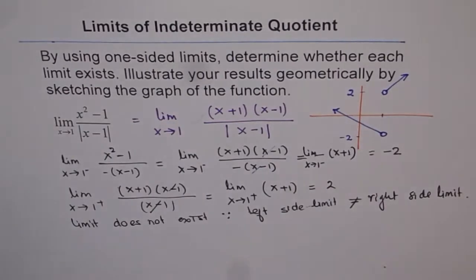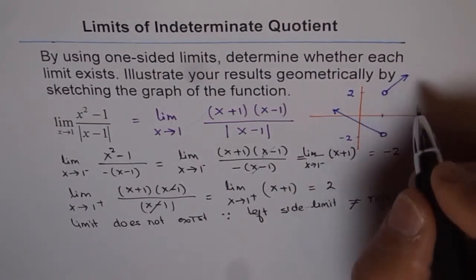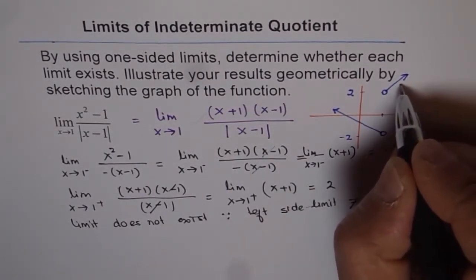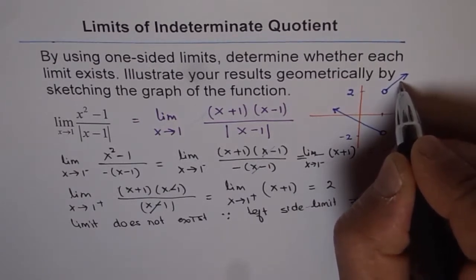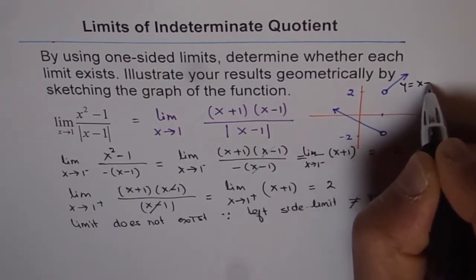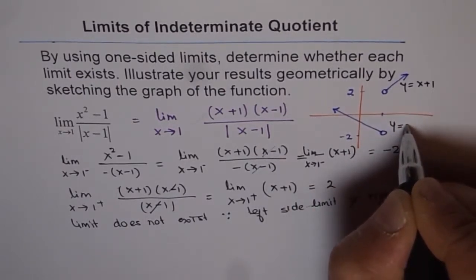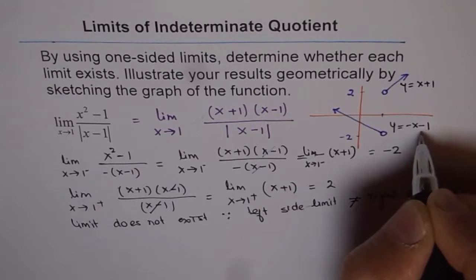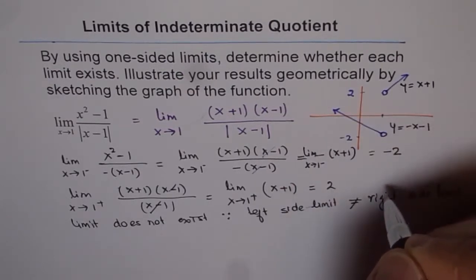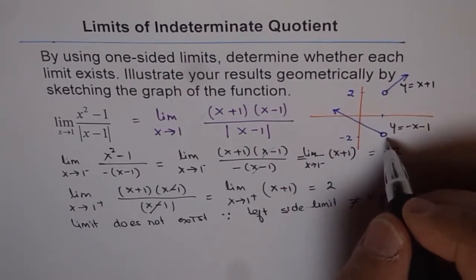So that is how the graph is going to be. So this is how we can write y equals x plus 1, and here y equals minus x minus 1. So that is going to be the graph, and clearly the limit does not exist.